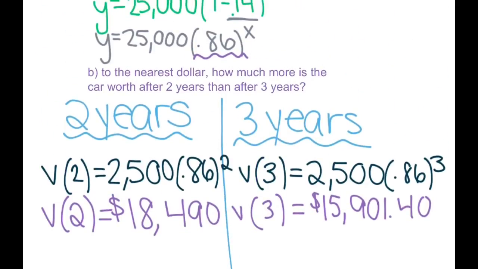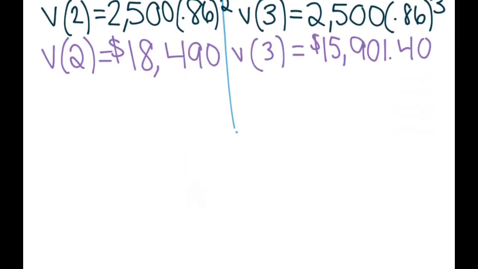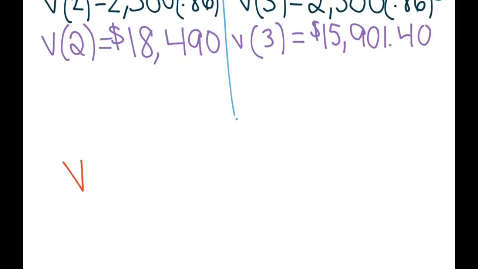And since you want to find how much more is 2 years than 3, you subtract v of 3 from v of 2.